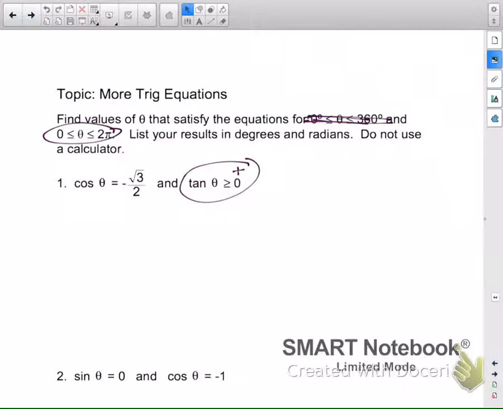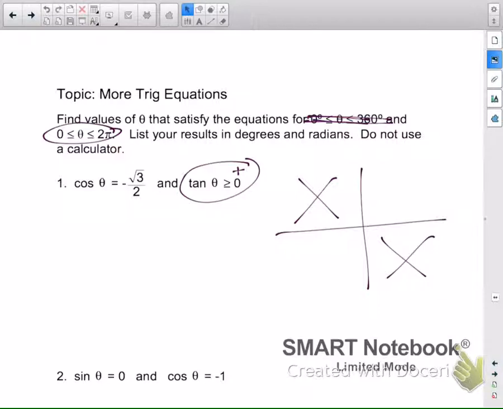Okay? So the first thing that I look at is they're telling me tangent's positive. What quadrants does that eliminate for us? First and fourth. It keeps us in the first, and it keeps us in the third, right? It eliminates the second and the fourth because tangent is negative in those quadrants, right?